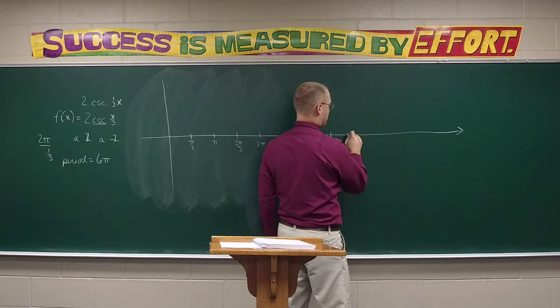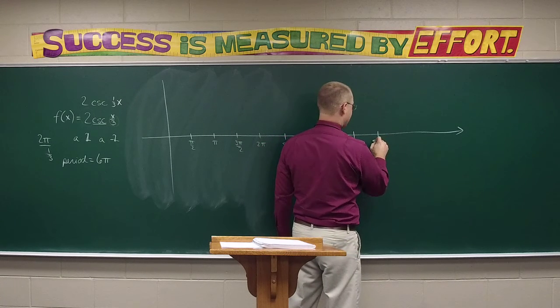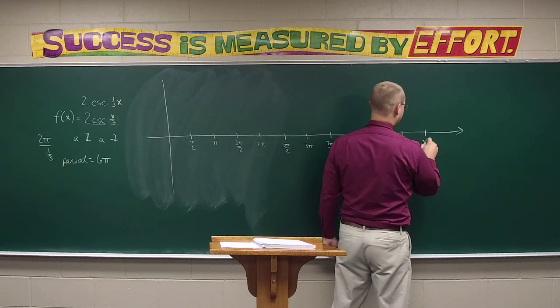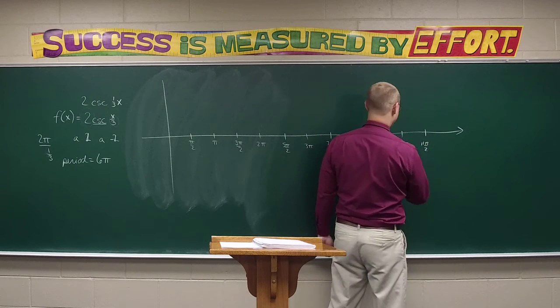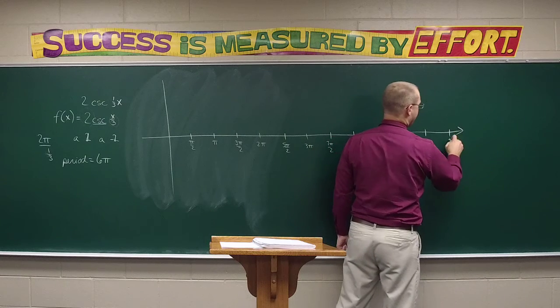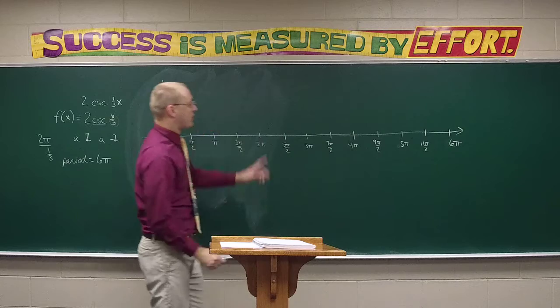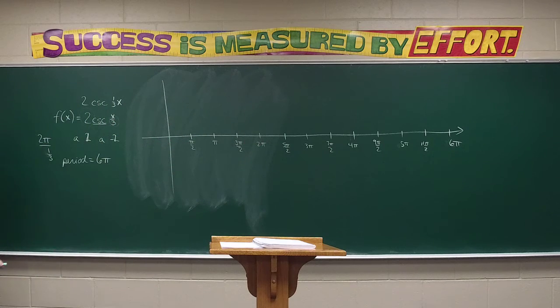I feel like I'm getting a little bit shorter though. 9 pi over 2. 5 pi. 11 pi over 2. And then 6 pi. All right, so that's where the graph has to start and end.